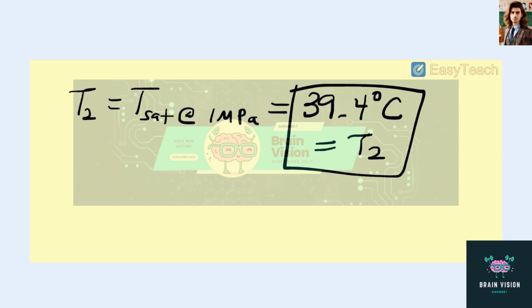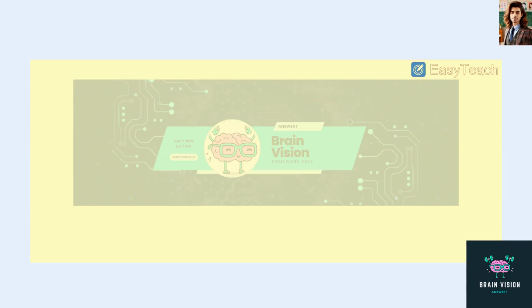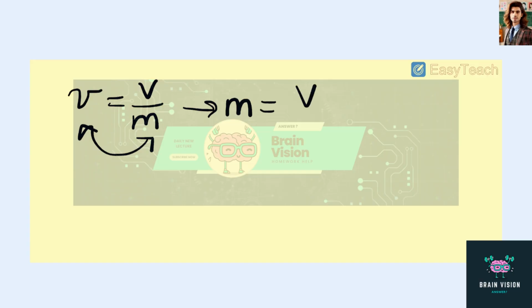Next, we're going to solve for the mass of the refrigerant that has entered the tank. We can solve for the mass in the beginning and the mass at the end by using the definition of specific volume. Remember that specific volume is just the total volume over the mass. Rearranging this, mass is equal to total volume over specific volume.